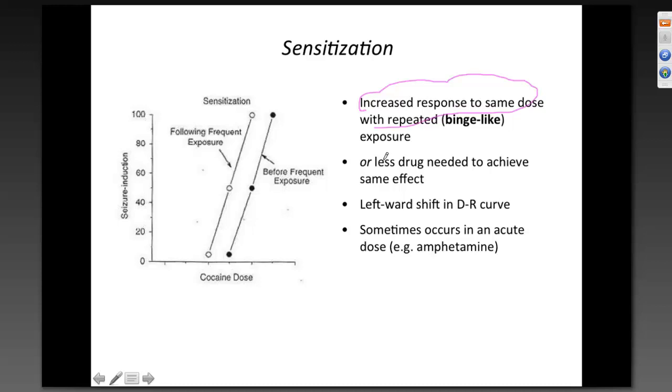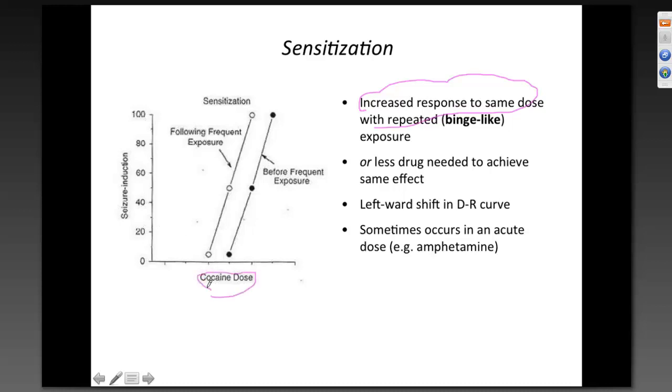So the idea is that you might take one dose of it, and then each time you take it, it has a stronger and stronger effect. Okay, so that's just going to be the opposite of what we talked about earlier.